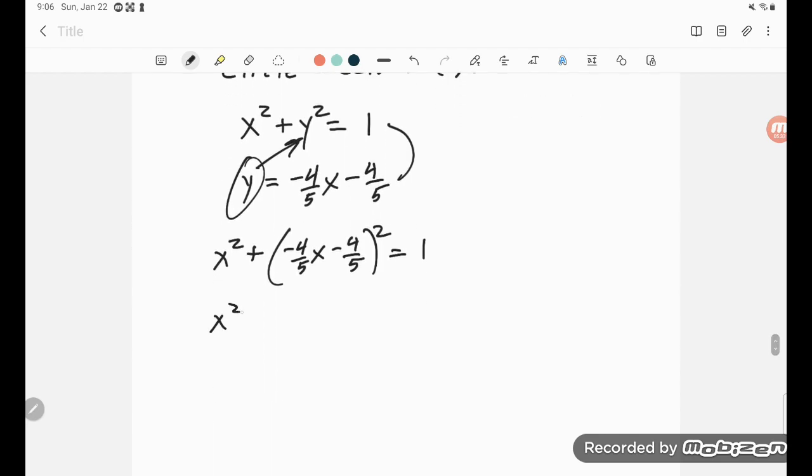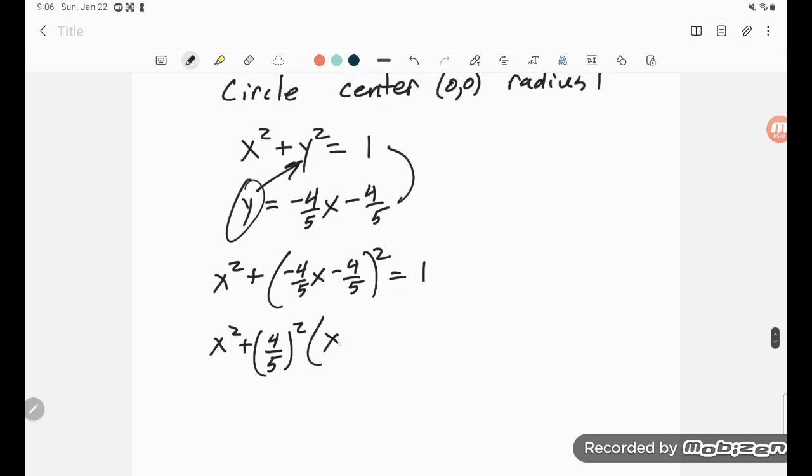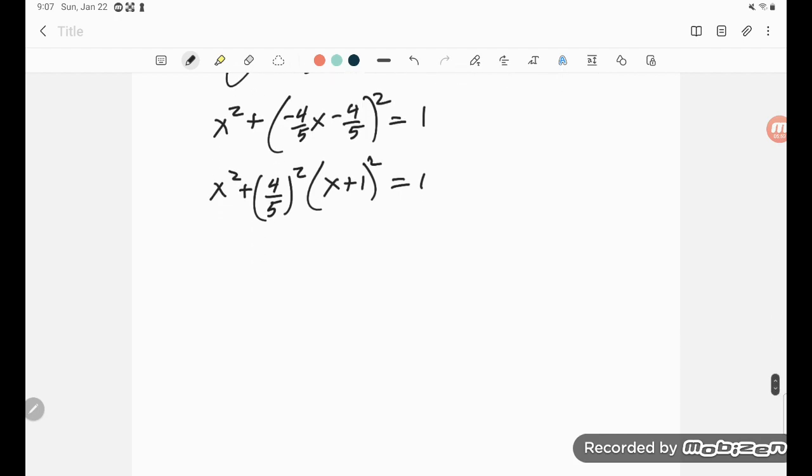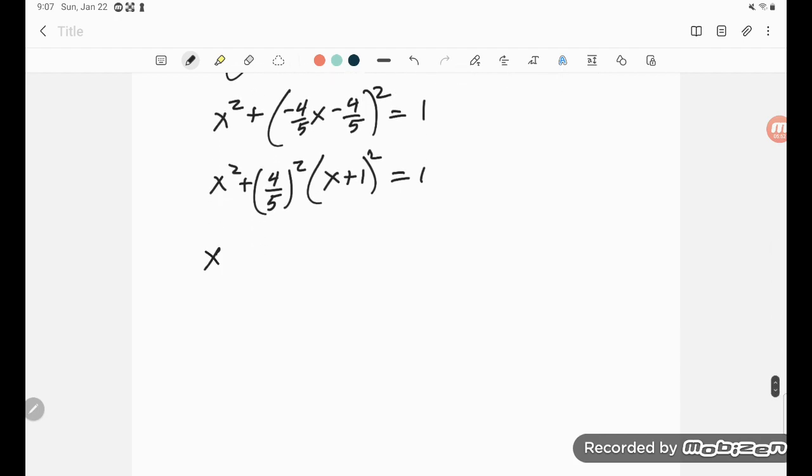then I'll get x squared plus, I can write this as 4/5 squared. Now notice I got rid of the negative because if I square it, the negative disappears. But then I'm left with the x plus 1 on the inside, squared equals 1. And so I get x squared plus 4/5 squared times x squared plus 2x plus 1.